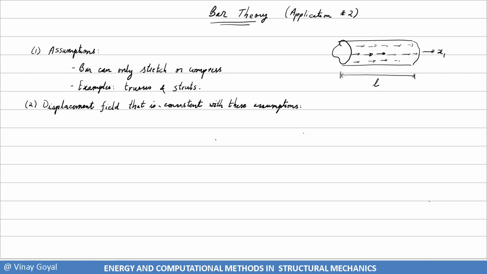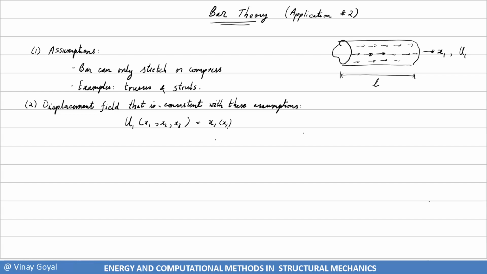If I look at the theory very carefully, for this theory to work out, U1 is a function of x1, x2, x3, the deflection in this direction. I'm going to say it only depends on x1, because there's no bending, it's not going out of plane.